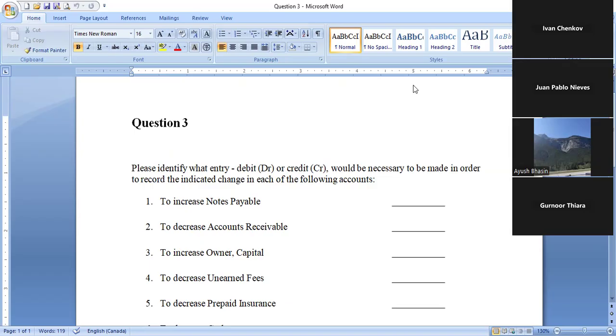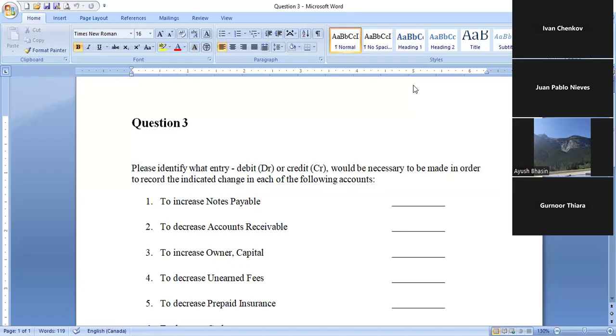With credit, correct. Now, we want to decrease accounts receivable. What kind of account is accounts receivable? Asset account. How can I decrease an asset account? With credit, correct.